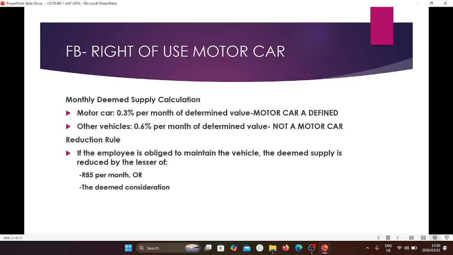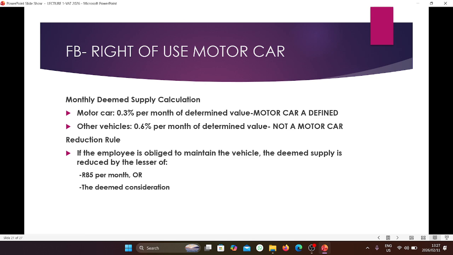And then from there, there's a reduction rule. There's certain things that you can reduce, and you're only going to reduce if you have to maintain the car. The deemed supply is reduced by the lesser of 85 rand per month or the deemed consideration that you pay for maintaining the car.